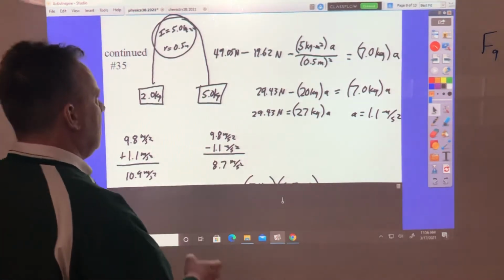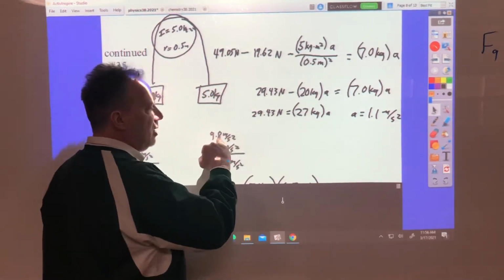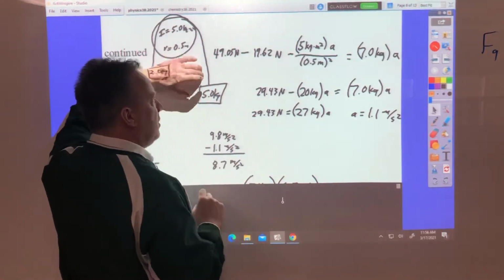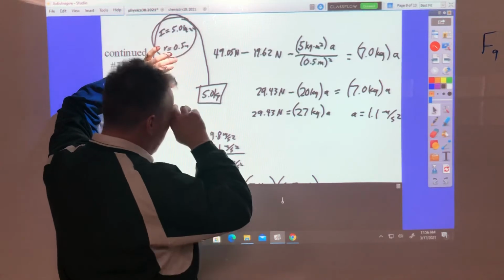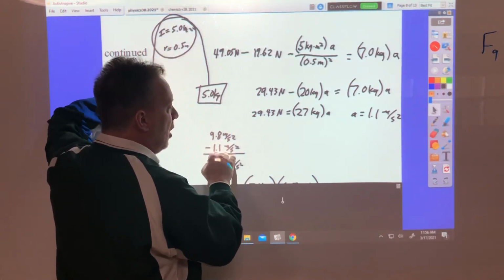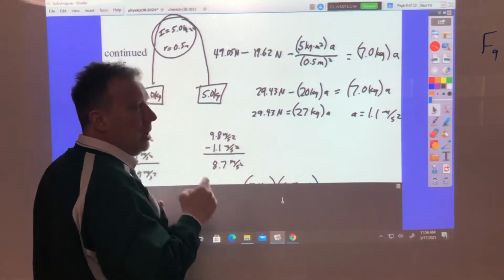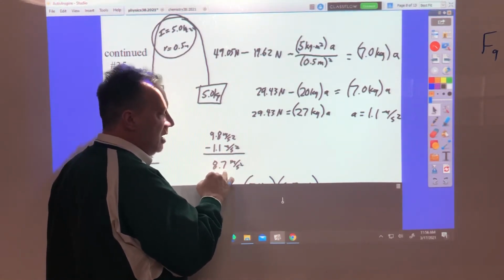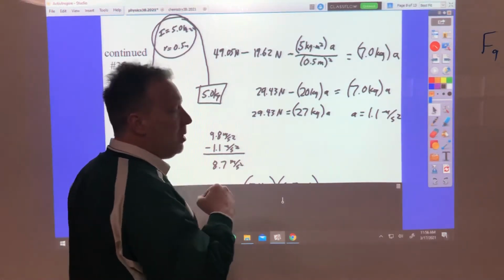On the other side, you got gravity acting on this 5 kilograms at 9.8 meters per second squared. But the whole thing's going to start moving, which will decrease the tension in the string slightly. And you're going to fall in the same direction as the 9.8. So you're only going to feel accelerated by 8.7 meters per second squared because you're giving way.